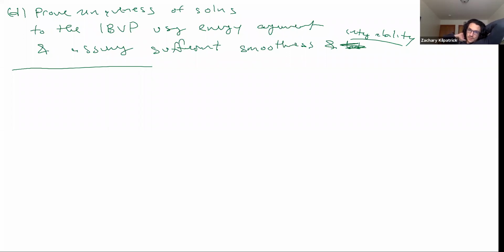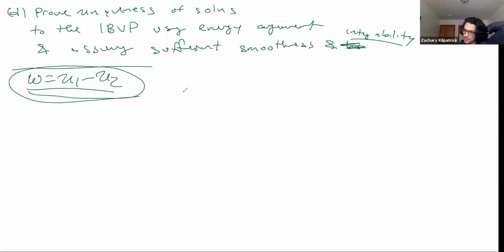The energy that you're computing when you're proving uniqueness is for W equals U1 minus U2. So your IBVP should just be the homogeneous version of your original IBVP. If you have some initial non-trivial position, velocity, or forcing on the boundary, that all should be zeroed out by taking this difference.